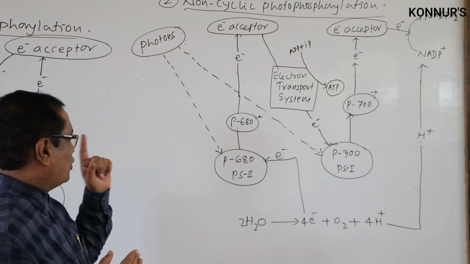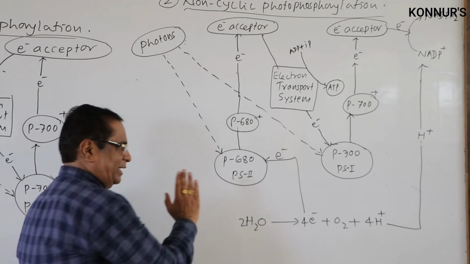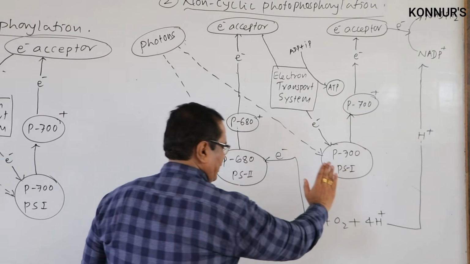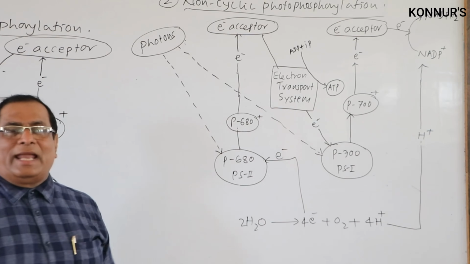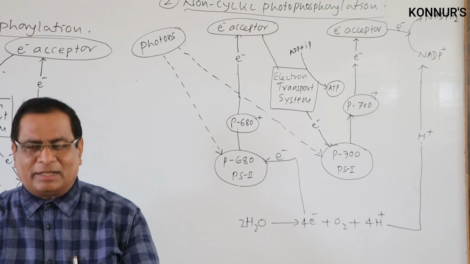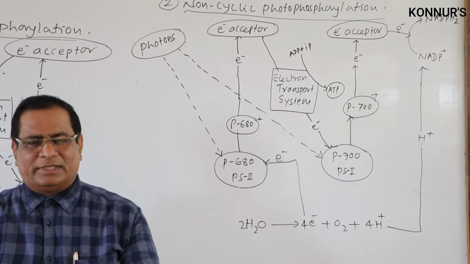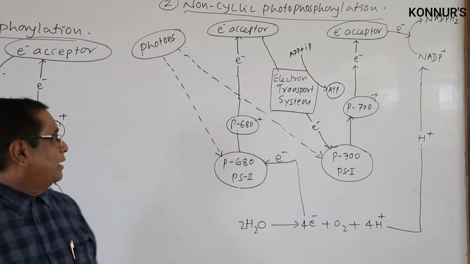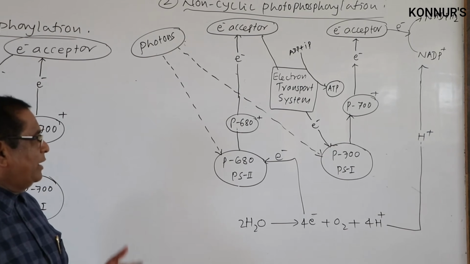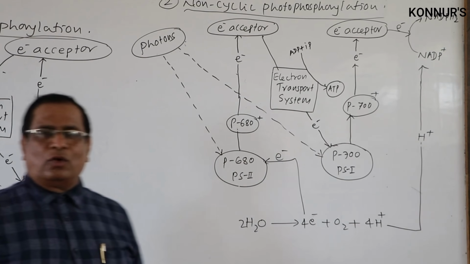Already I have mentioned non-cyclic photophosphorylation requires photosystem second and photosystem first, and it takes place on grana. Then they may raise many questions.